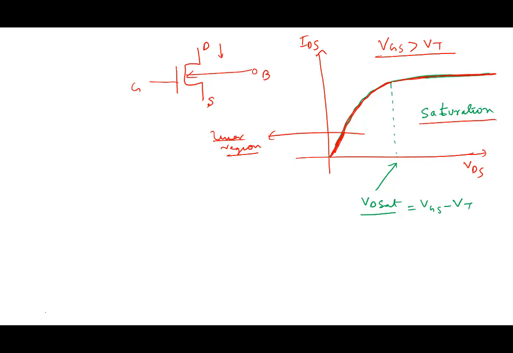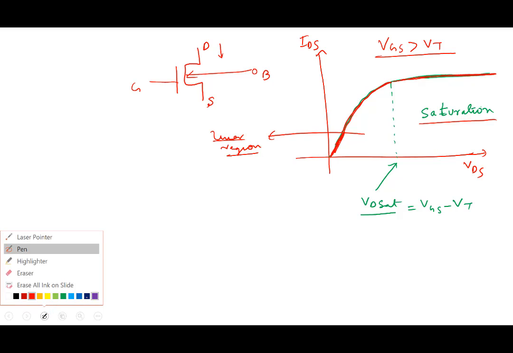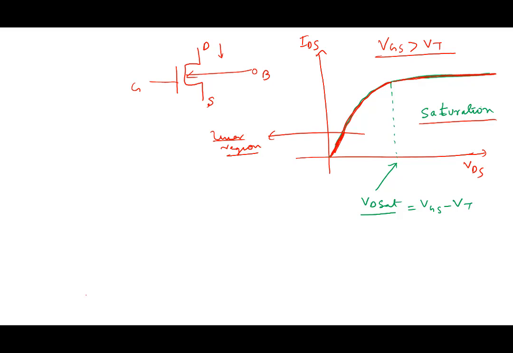So what we need to do now is understand the equation for the linear region. Linear region is this first region, region 1. This is region 2.